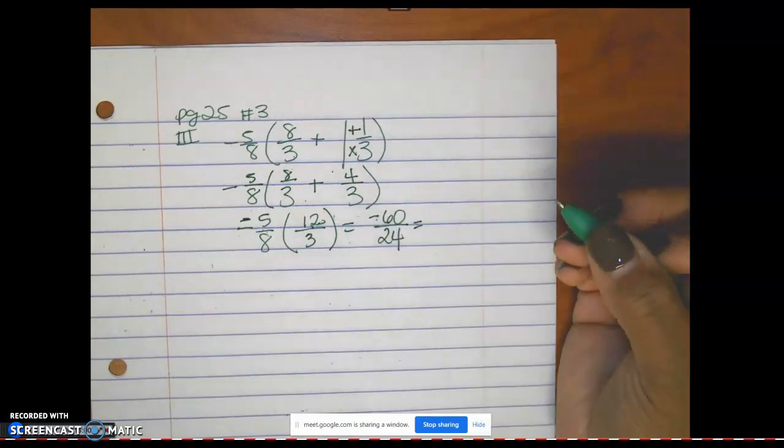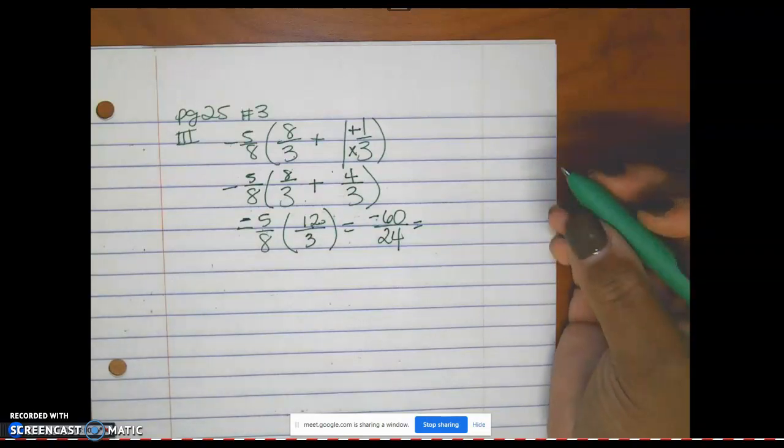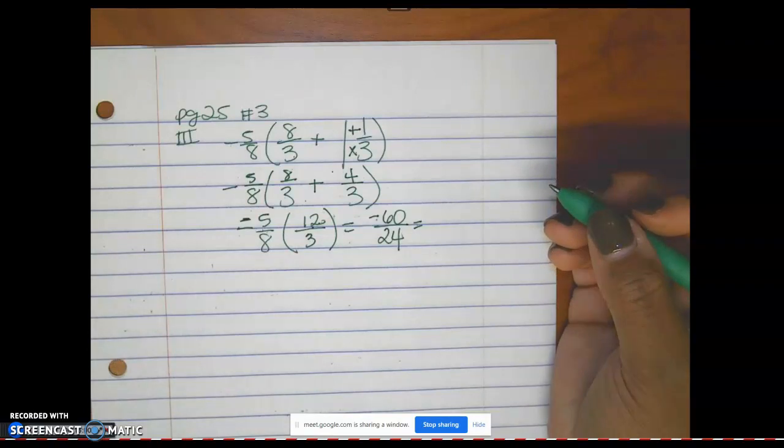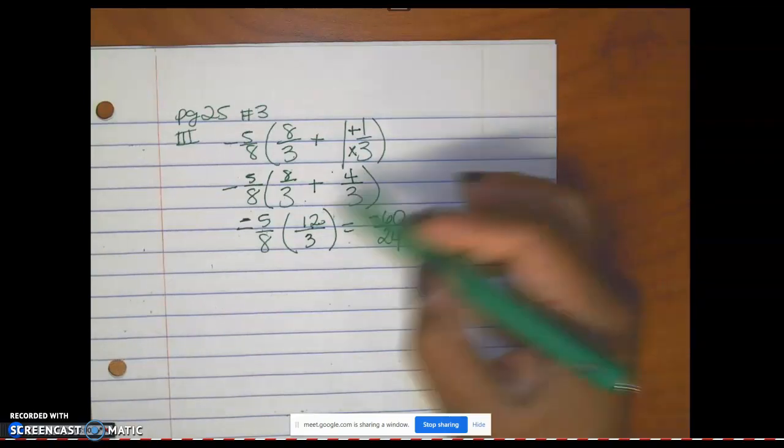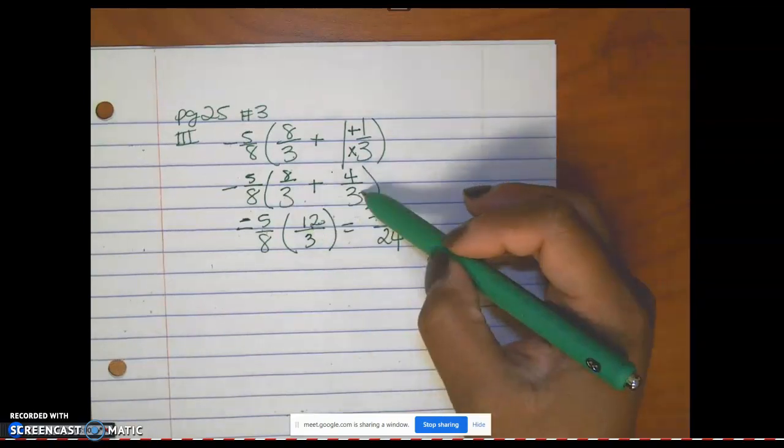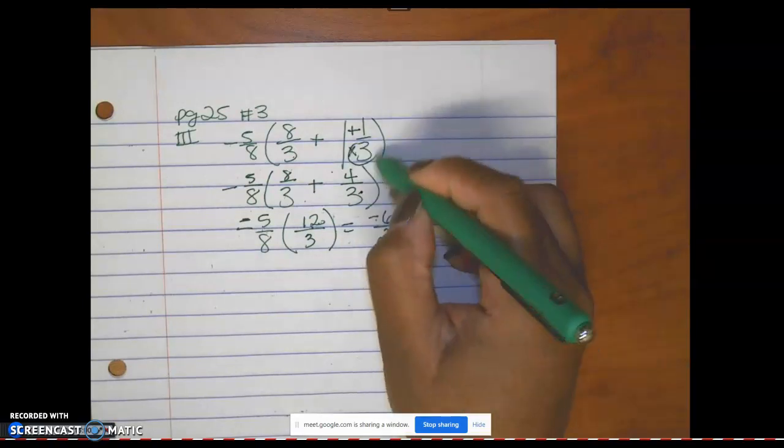Simplify. Yes. Why did I not change it? Because they're already the same.